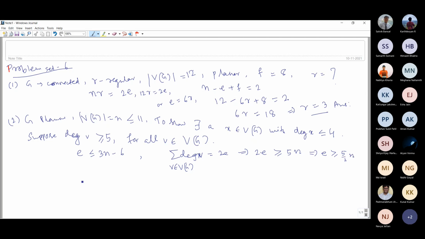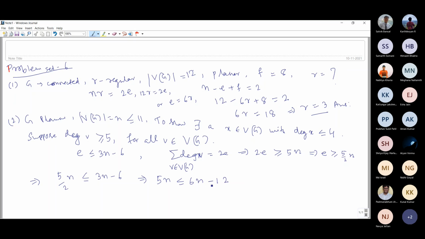You substitute this value here. E is less than or equal to 3n minus 6. So this gives you that 5 by 2 n is less than or equal to 3n minus 6. And after simplification, you will get that 5n is less than or equal to, multiplying by 2, 6n minus 12.